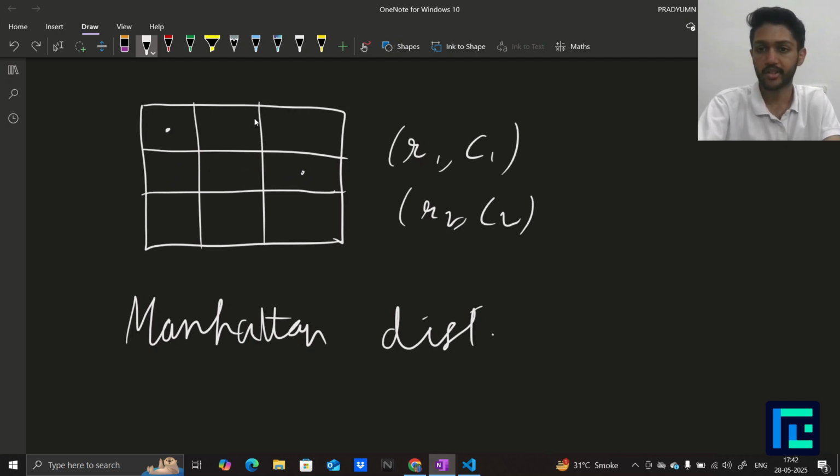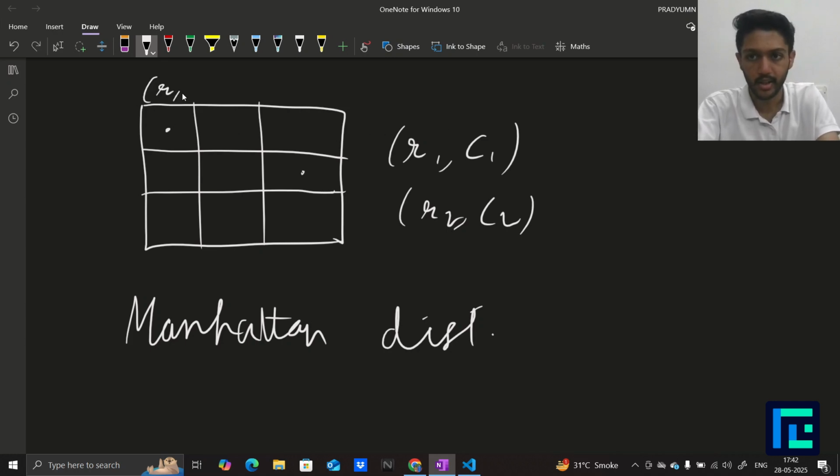So if we see what the formula of this is, I think it is pretty famous. If this is (R1, C1) and this is (R2, C2), then of course the shortest path would be like this and then like this, right?